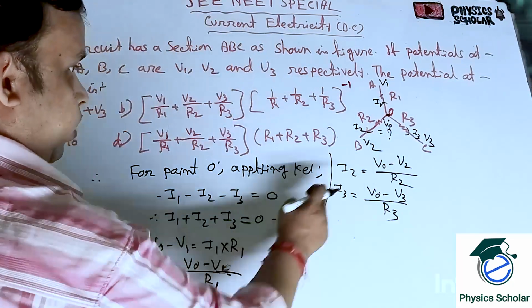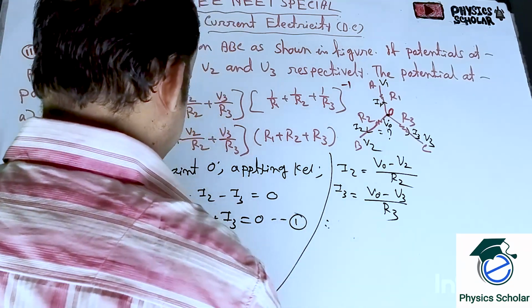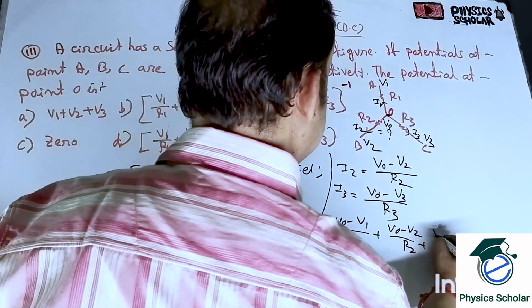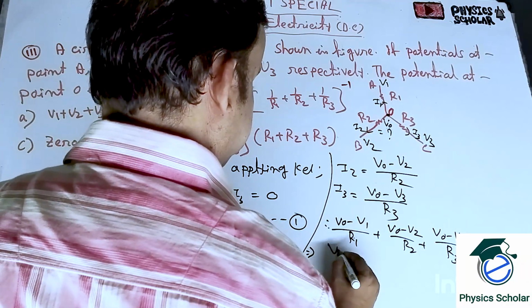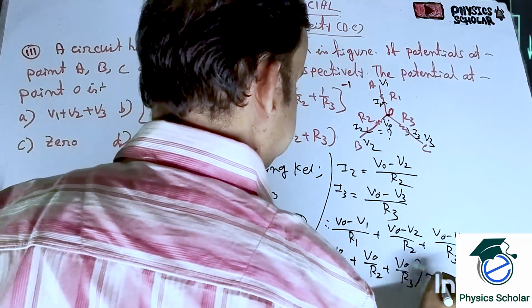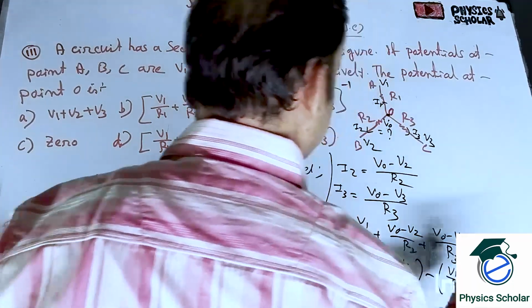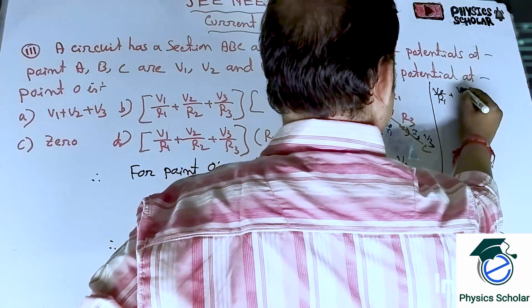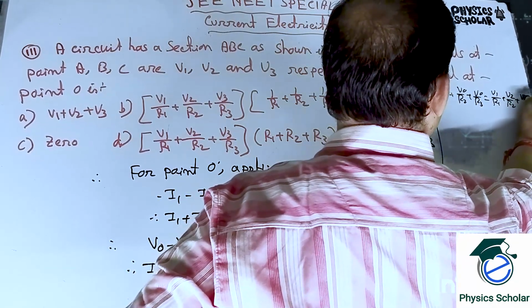Now we have got three values, I1, I2 and I3, and putting them in equation number 1: V0 minus V1 by R1 plus V0 minus V2 by R2 plus V0 minus V3 by R3 is equal to 0. So V0 by R1 plus V0 by R2 plus V0 by R3 is equal to V1 by R1 plus V2 by R2 plus V3 by R3.